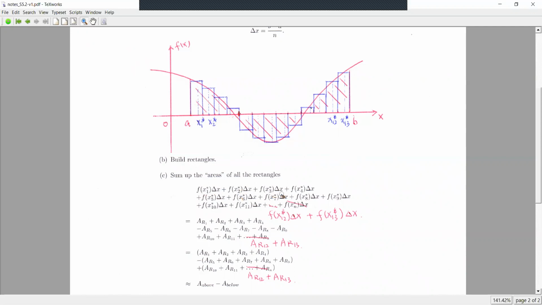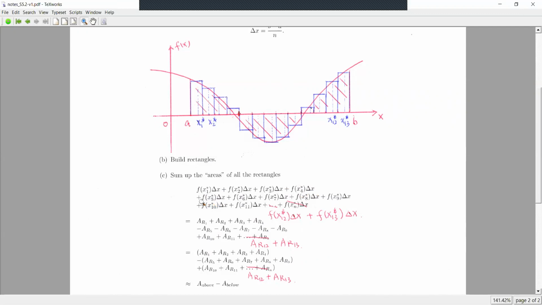Third rectangle, base times function value at x3 star. And the fourth rectangle is base times function value at x4 star. The fifth rectangle is base times function value at x5 star.